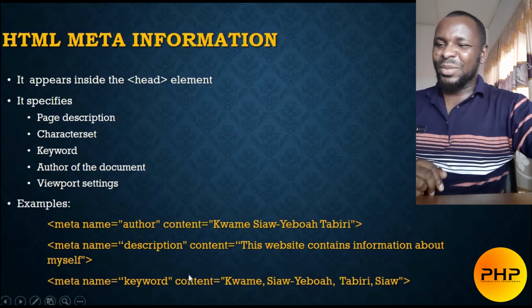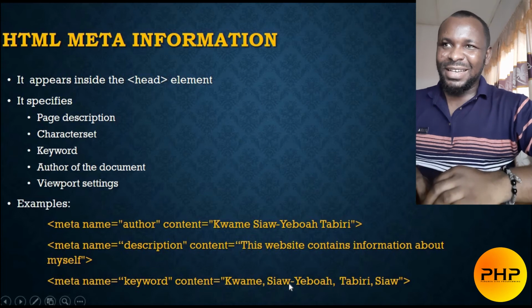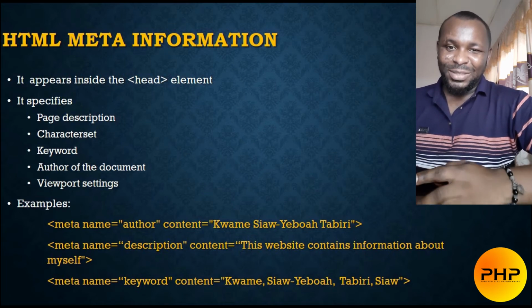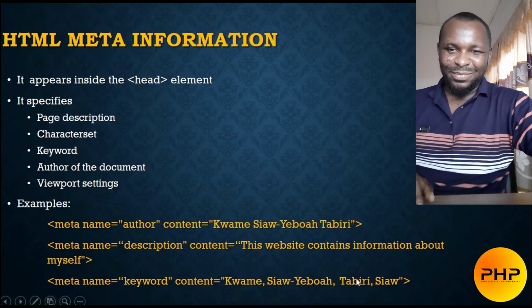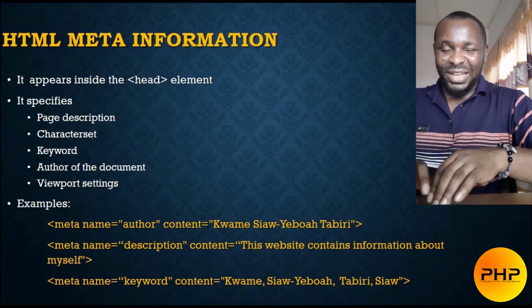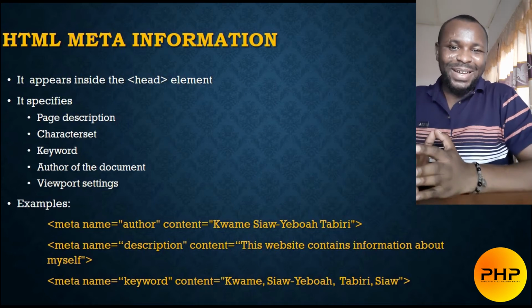Okay, then we have some keywords. So these keywords define some of the things. Let's say I don't know what I'm searching for, but I need something on programming or cosmetics. I'll just put programming as part of my keywords content here. Then you realize when I put programming there, a list of results will come. How did that happen?